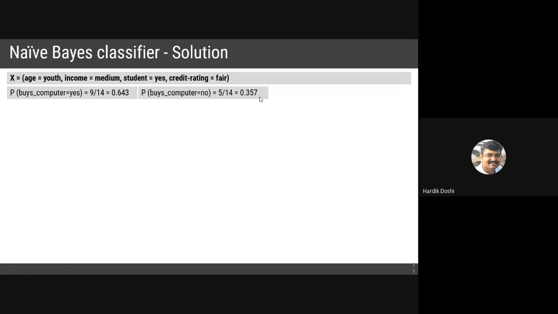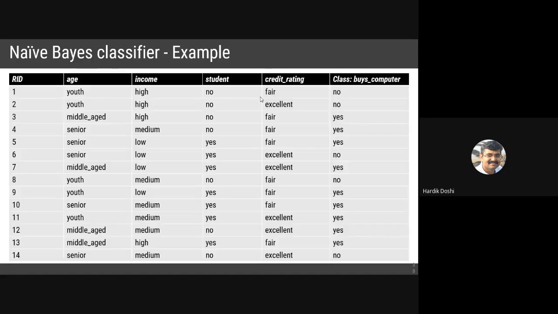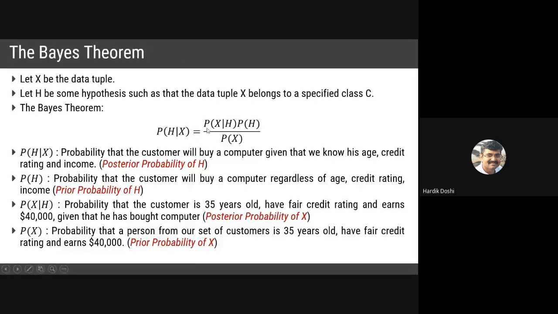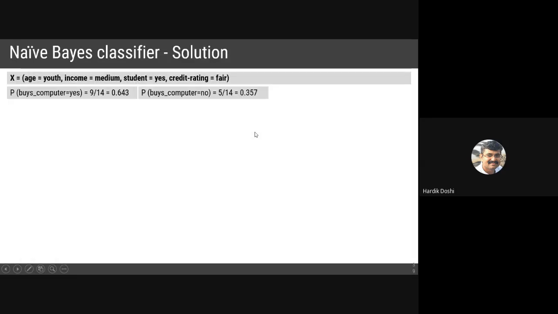Now if I move further, I have not clarified one term yet. I am coming to that term with respect to the example. We want to compute X for a hypothesis. How can we do that? Till now you should be clear.